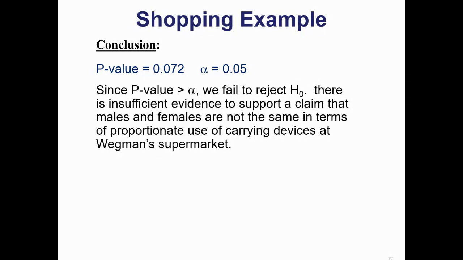Okay, and then with that in mind, our p-value is 0.072. And we already said since alpha is 0.05, we would fail to reject.